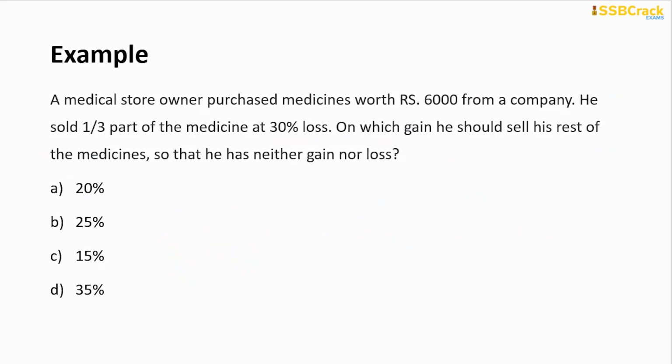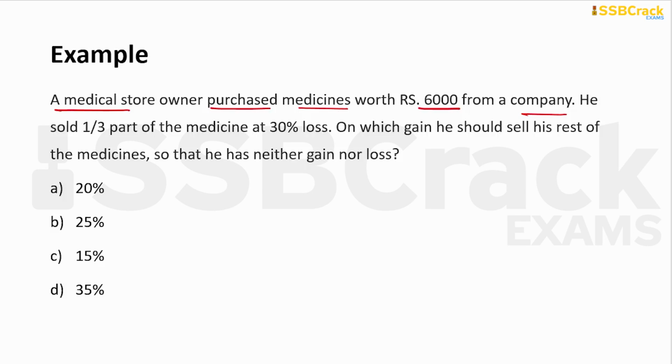So here is an example to check. A medical store owner has purchased medicines worth rupees 6,000 from a company, and now he is selling 1/3 part of the medicine at 30% loss. So here only you get to know what the values of A and X are.